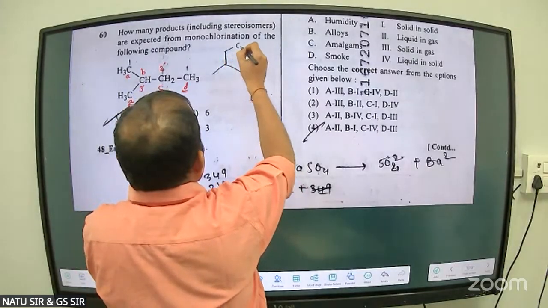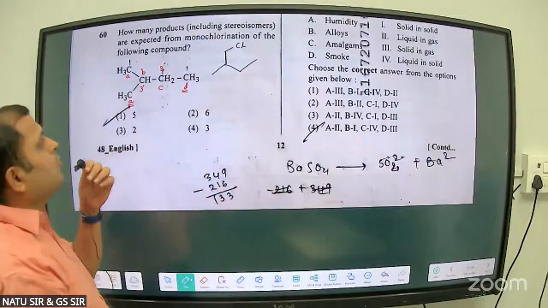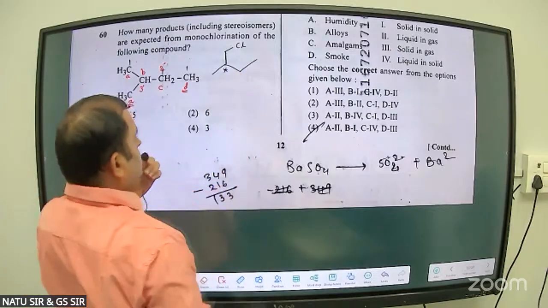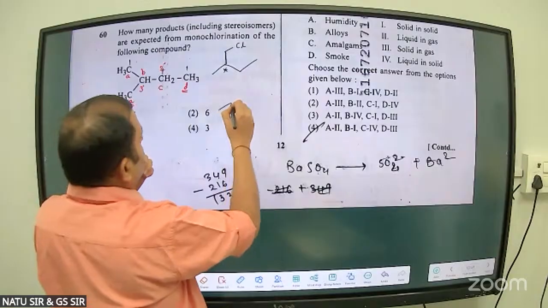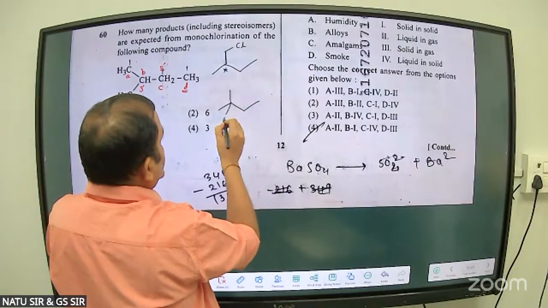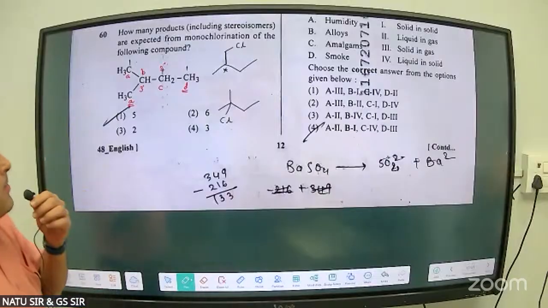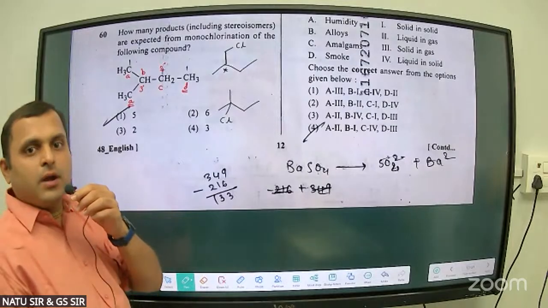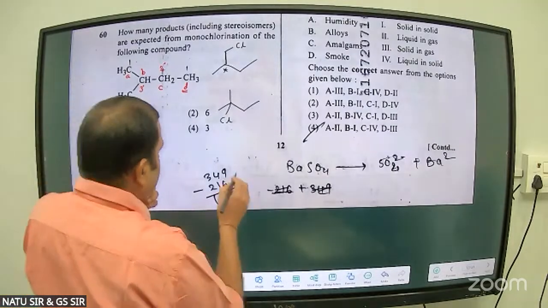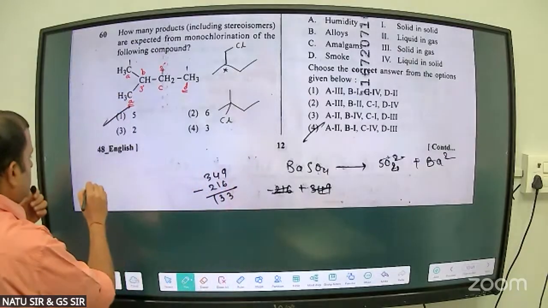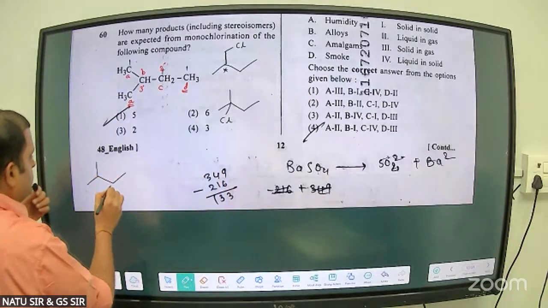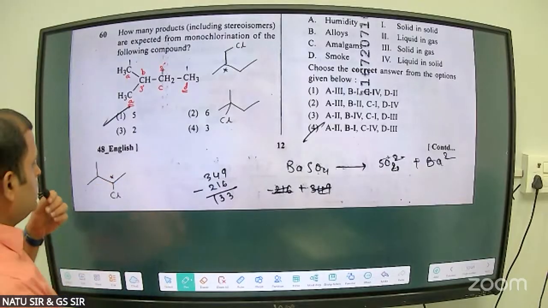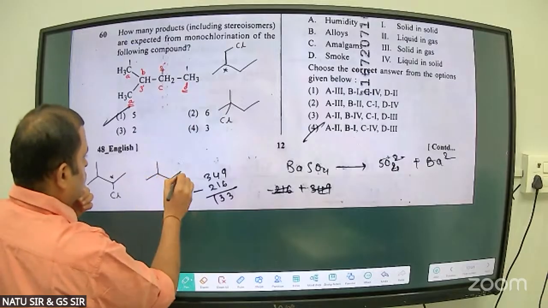So one will be obtained by chlorination at this carbon. So by this chlorination, this carbon is becoming chiral, right? Then when there is substitution on this tertiary carbon, we will get this second structural isomer. But in this one, there is no chiral carbon present, so we will get only one product. Then third one, let me draw here. Third, when there is chlorination, this carbon itself is becoming chiral or optically active. And finally, there is chlorination of this carbon.